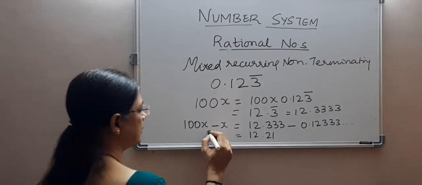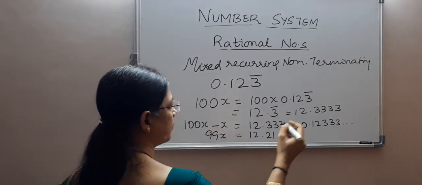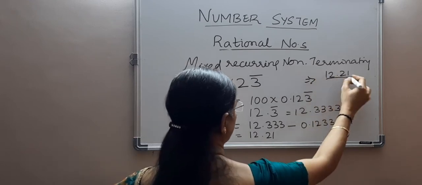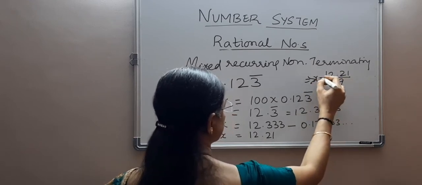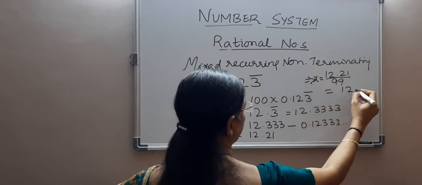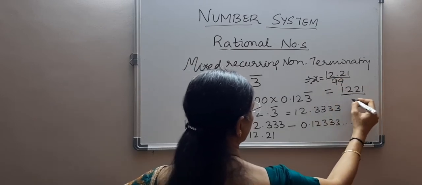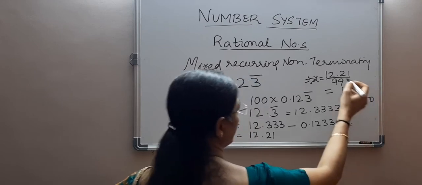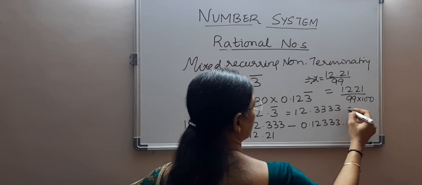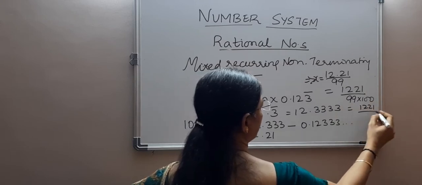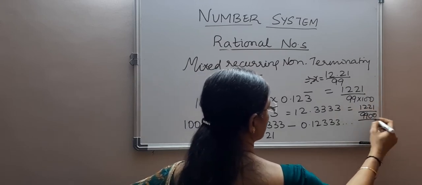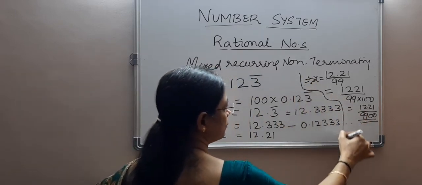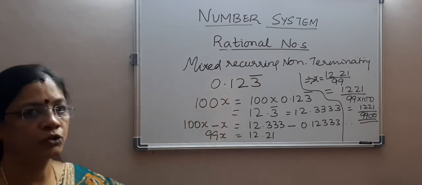So that is 99x is 12.21, which means x is equal to 12.21 divided by 99. Or I can write this as 1221 divided by 99 into 100. So this divided by 100 will give you 12.21, isn't it? So 1221 divided by 9900. So this is my P by Q form of 0.123 bar.